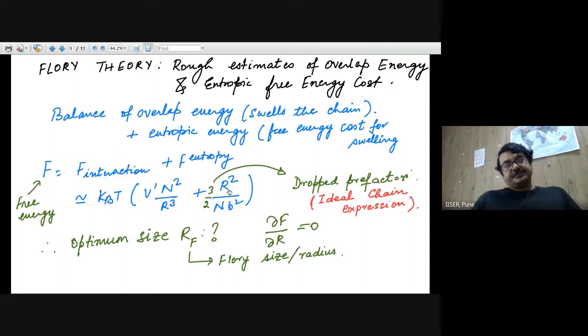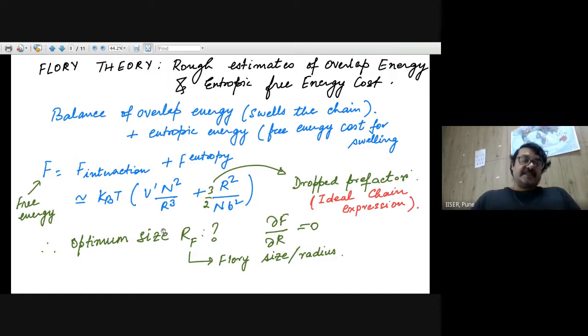And the free energy cost for swelling is basically r squared by n b squared, and if you wish you can keep this prefactor of 3 by 2, but you can also drop it, right? But note, when we are using this, we are using the ideal chain expression for the entropic free energy cost.